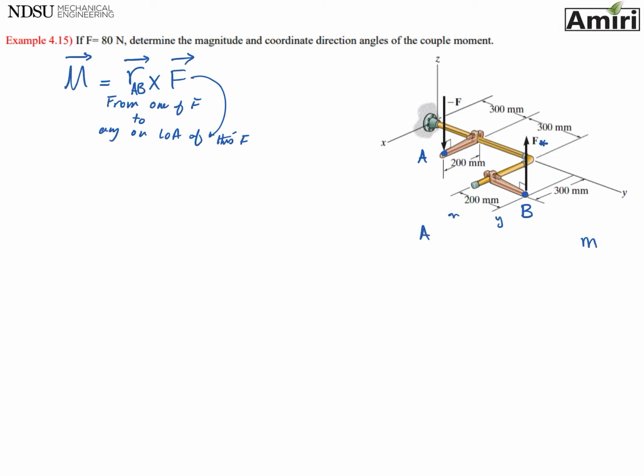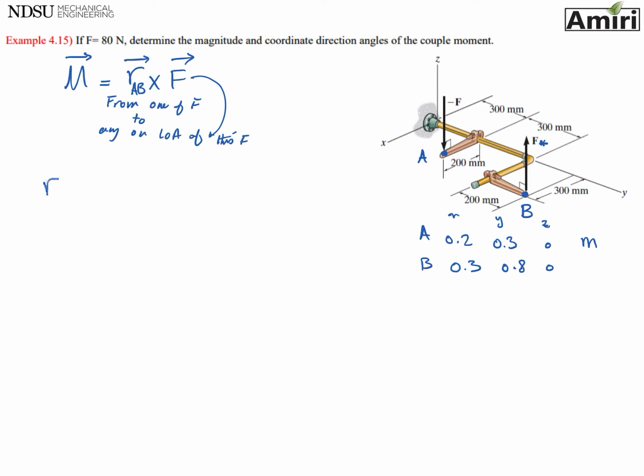So x, y, and z for point A. Point A is located at 0.2 for x, 0.3 for y, and 0 at z. My point B is located at 0.3, 0.8 in y, and 0 in the z direction.